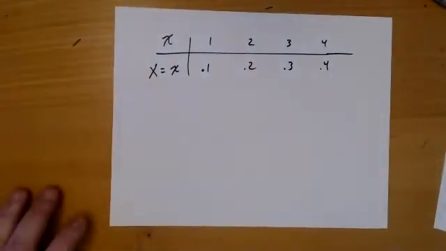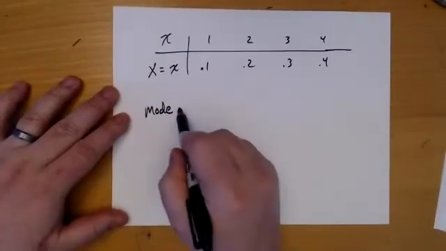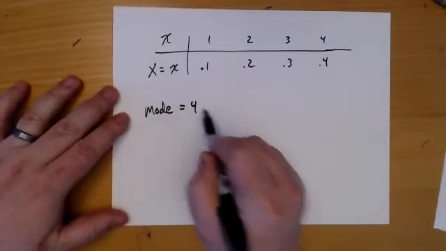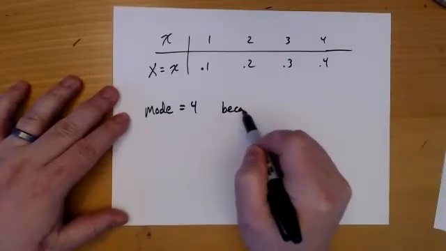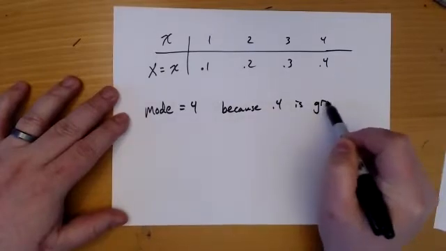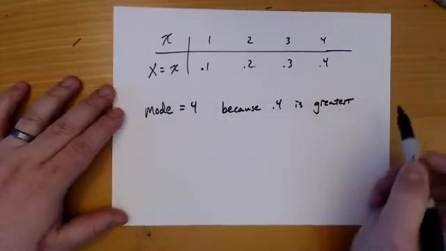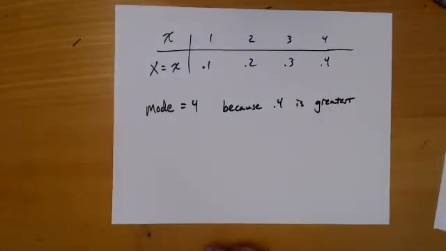So the mode is 4 because it has the greatest probability. We need some others as well, and I want to get to those notes. So we need the mean, the median, and the mode.